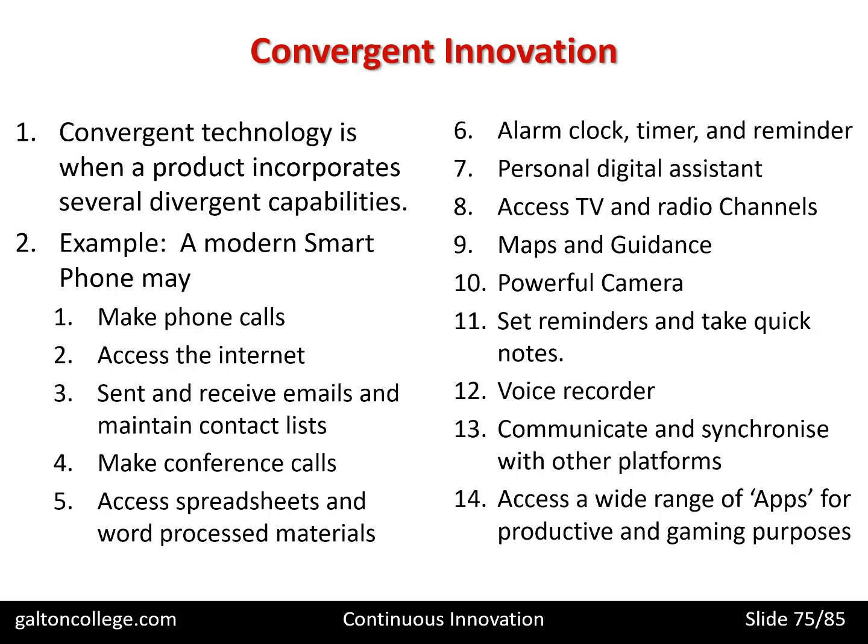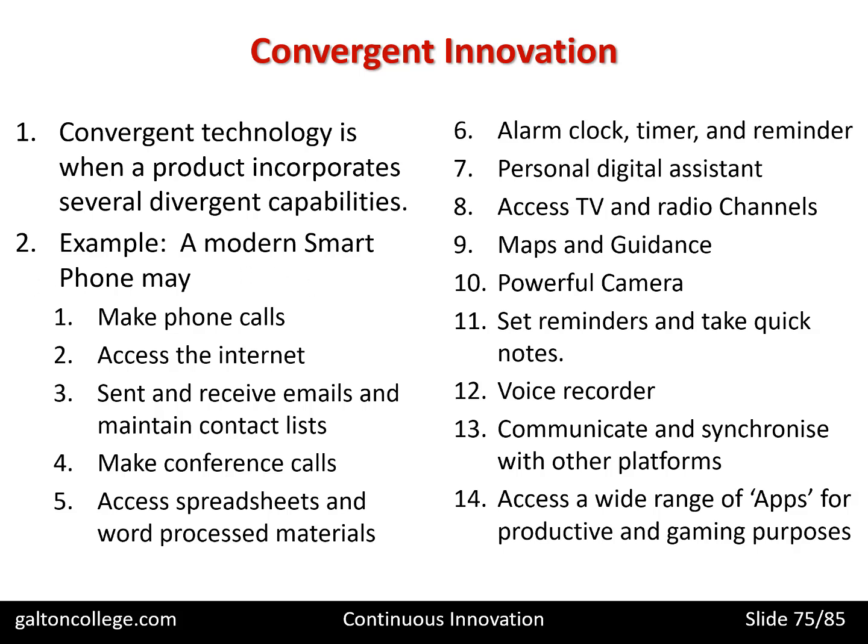We can see here that we've got 14. That's just a list I made. I'm sure if you sit down to think about it, you can come up with more. 14 functions, of which only one, number one here, is what we normally classify to be a telephone.